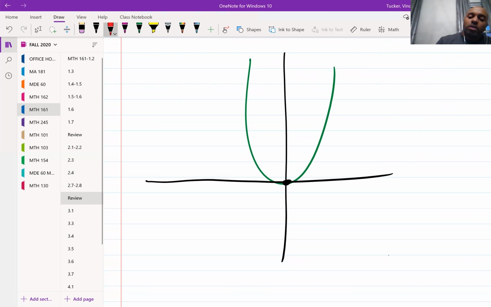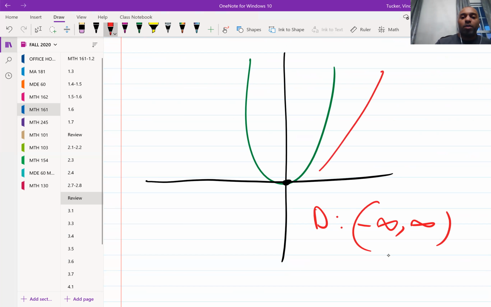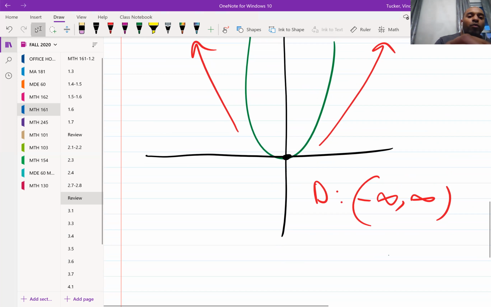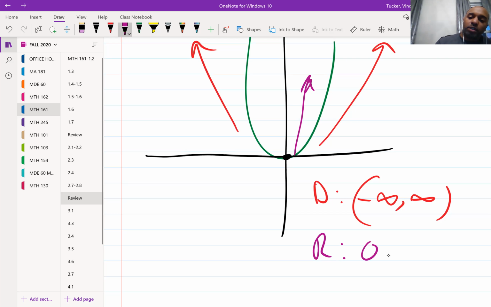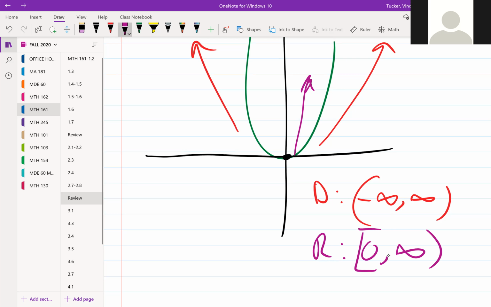So my domain is going to be negative infinity to positive infinity. Reason being is because I can plug in any x value I want. This will continue to get wider and wider the more I go up. My domain would be negative infinity to infinity, but my range would be from 0 up. So it'd be 0 to infinity.